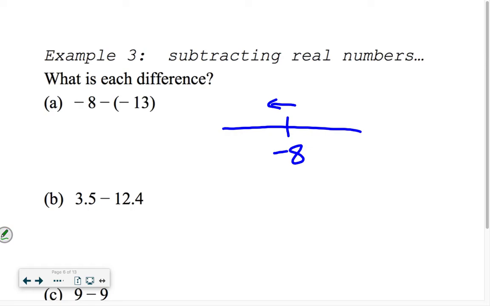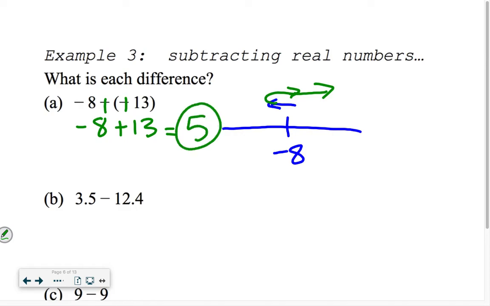So now we've got to flip back around and go the opposite direction, which really means we're going to end up adding. That double negative there. So -8 plus 3, you get negative 5.